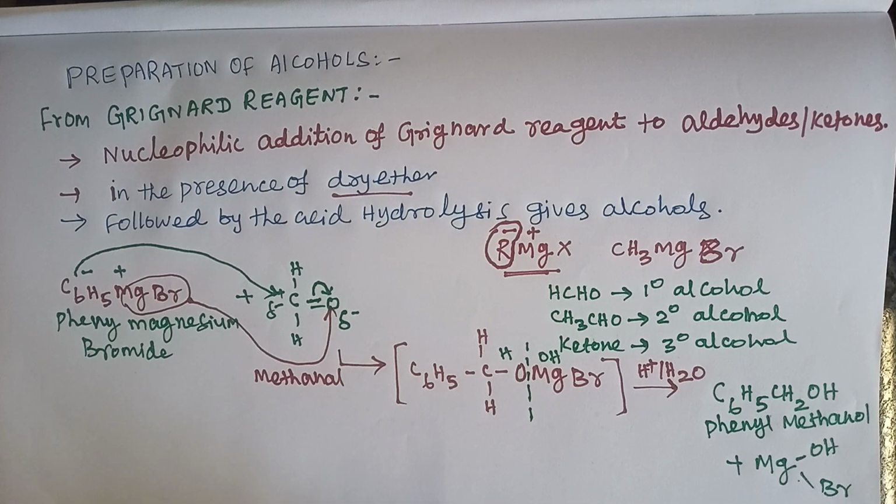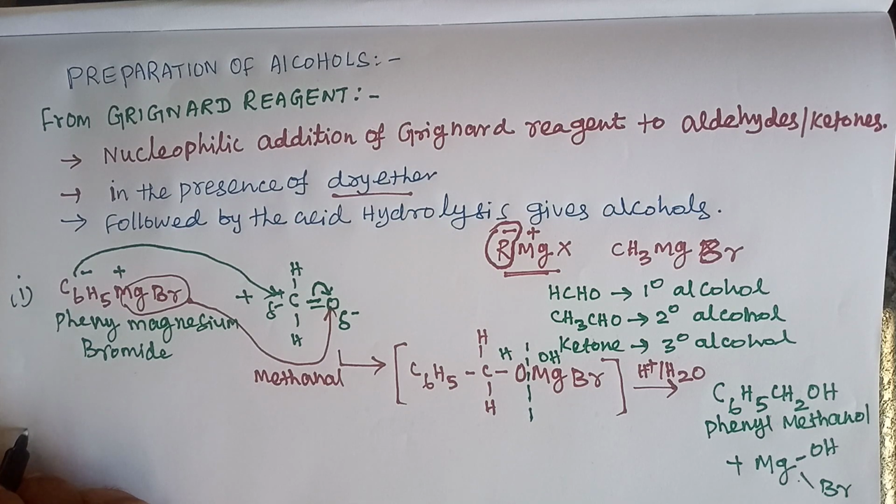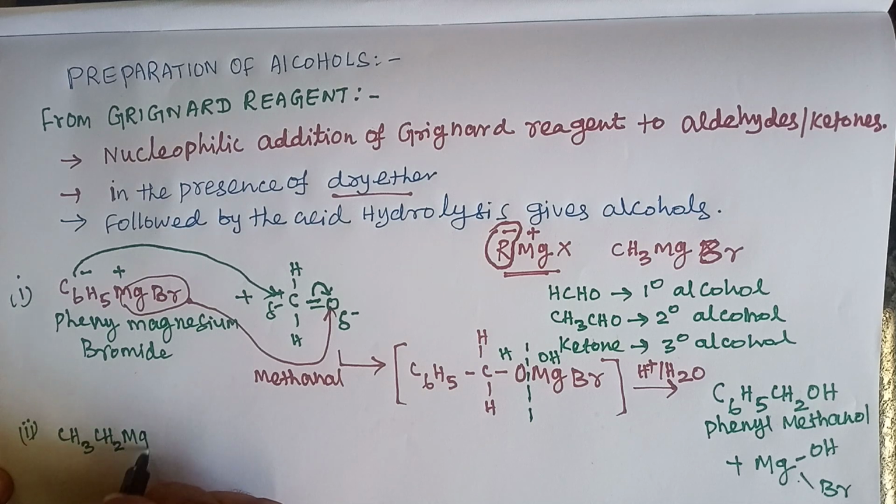Now let us see another example. Here we are taking CH3CH2MgBr. This is ethyl magnesium bromide.